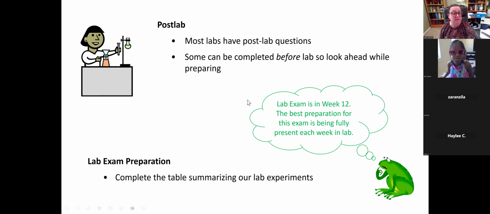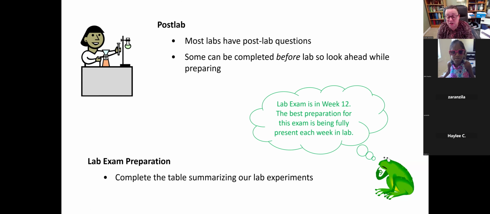And then there's a post lab on most labs. Sometimes they're not related directly to your results, so you can answer them ahead of time. Most of the time, though, they have something to do with what you've measured, so you can't get too far ahead there. Lastly, there is a lab exam that covers all the labs from the whole semester. That's way down in week 12, and we will talk about it when it gets closer. But I want to say right now, listen to the frog there.